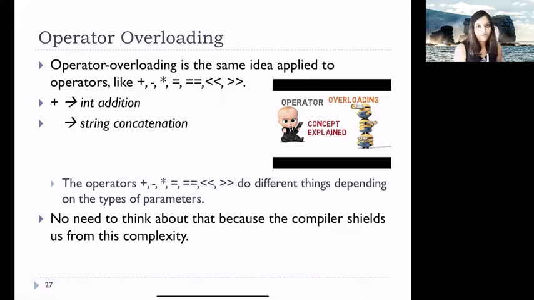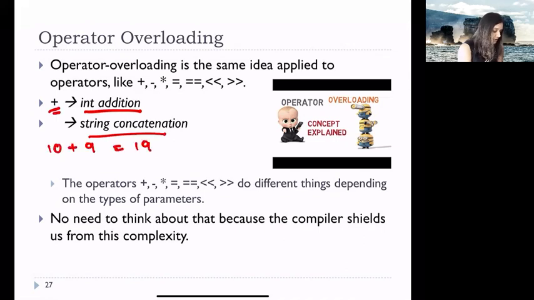So when you are dealing with operators, their nature of being unary or binary cannot be changed. That remains the same. But still, you can overload the operator. For example, the addition operator can add ints or it can concatenate strings. If we are using the addition operator for 10 plus 9, that should result in 19, that's adding ints.